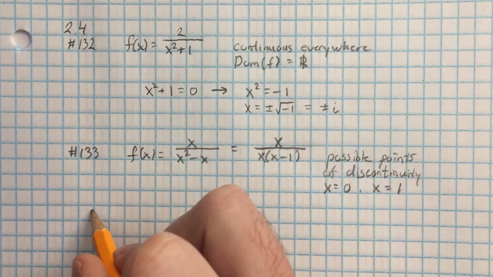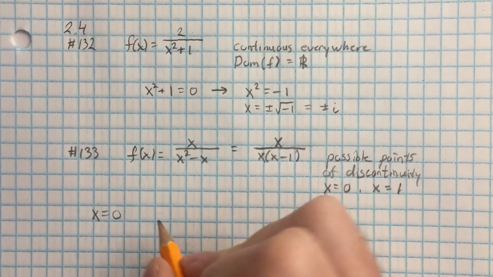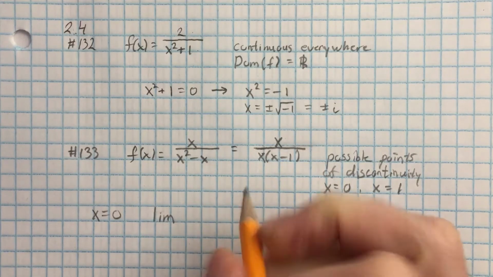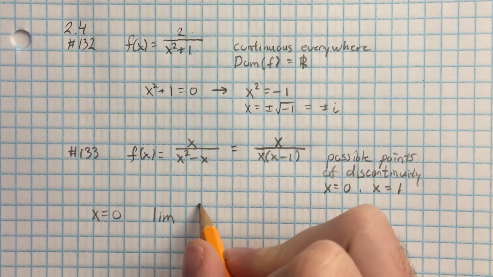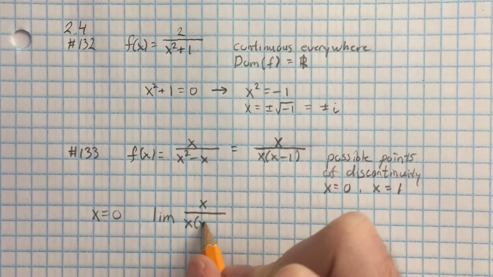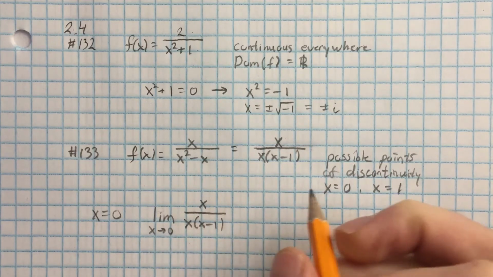So the x equals 0 situation. What's happening there? We need to find the limit of this function, x over x times x minus 1, as x approaches 0.